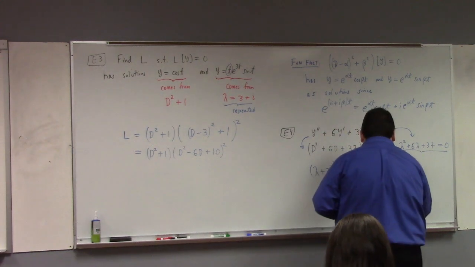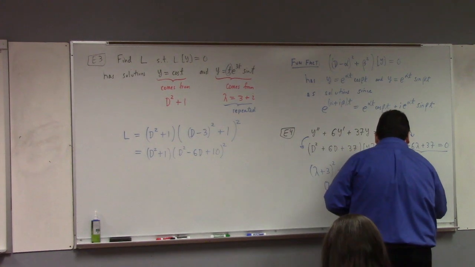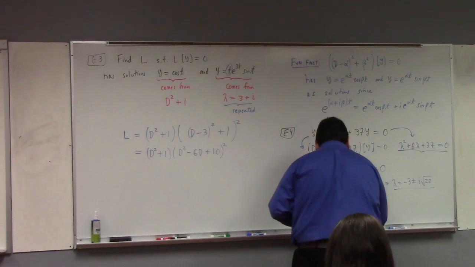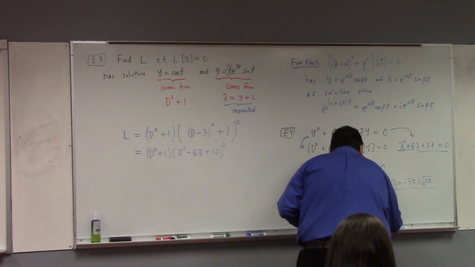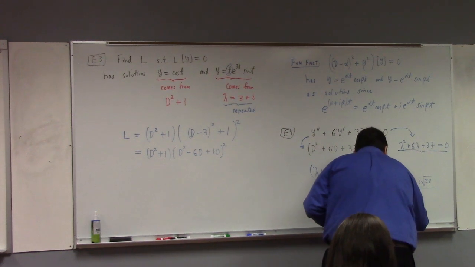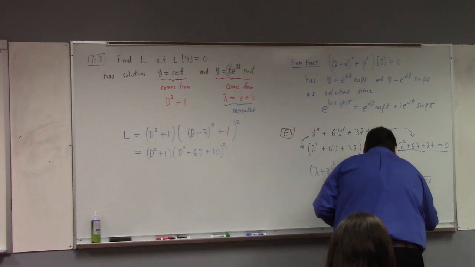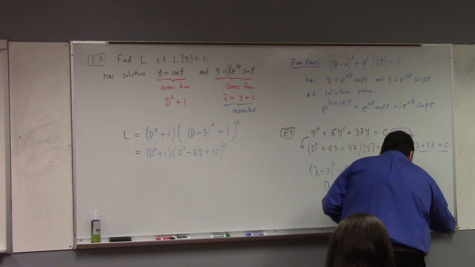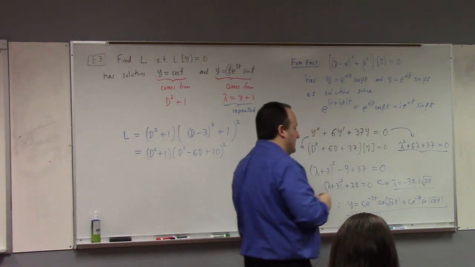That tells me that lambda is minus 3 plus or minus i times the square root of 28. Therefore, y is c1 e to the minus 3t cosine of square root of 28 t plus c2 e to the minus 3t sine of the square root of 28 t. And there you go. That's your general solution right there.